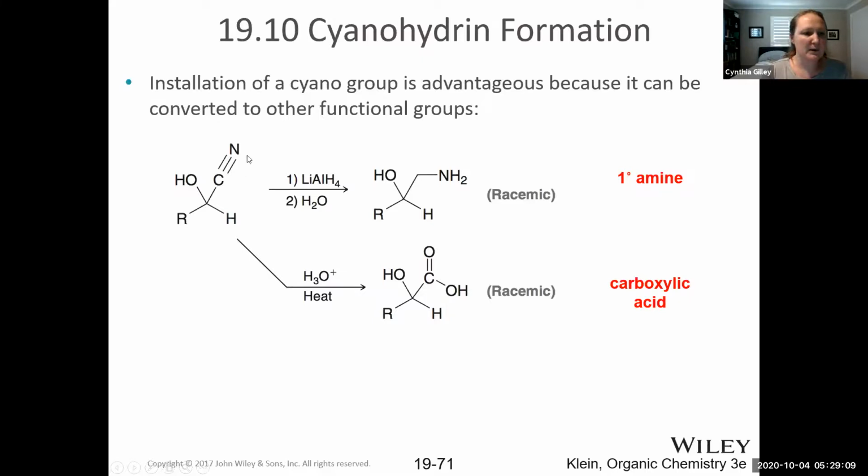For example, we could reduce the nitrile using LAH to get an amine, or you can do an acid catalyzed hydrolysis using heat of the nitrile to get a carboxylic acid. So those are some other functional groups we can access from the cyano, also called a nitrile functional group, and those reactions and more will be explored in the next chapter.